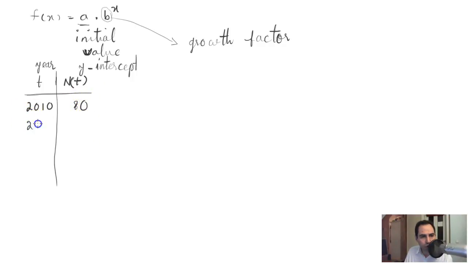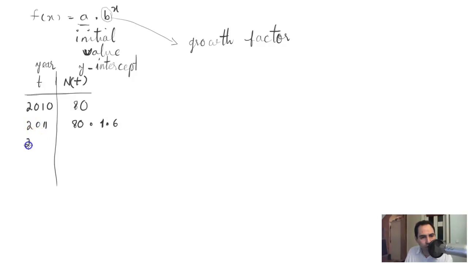So in 2011 the population has grown to 80 times 1.6.